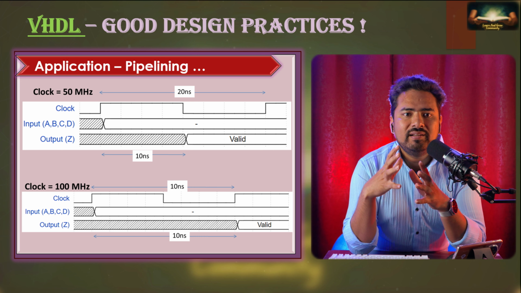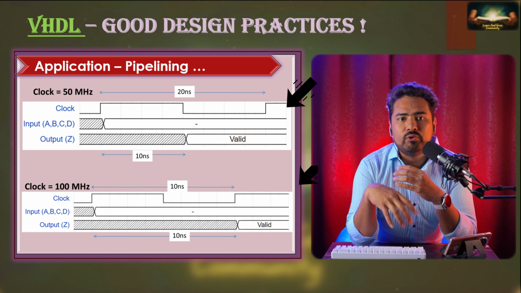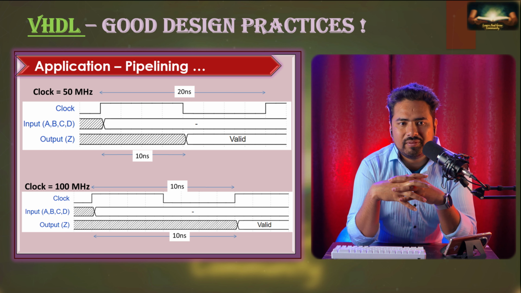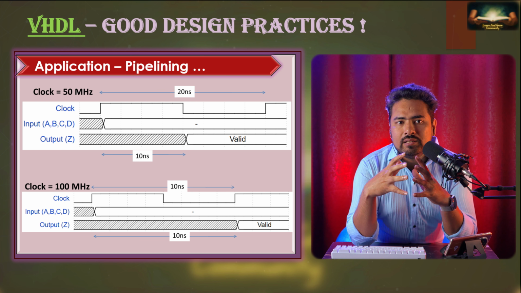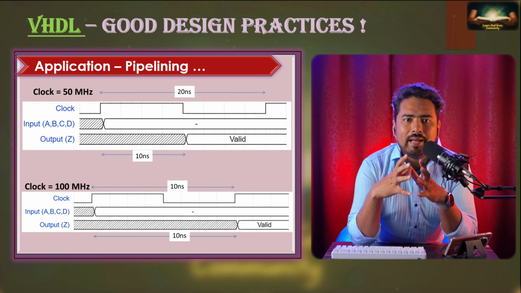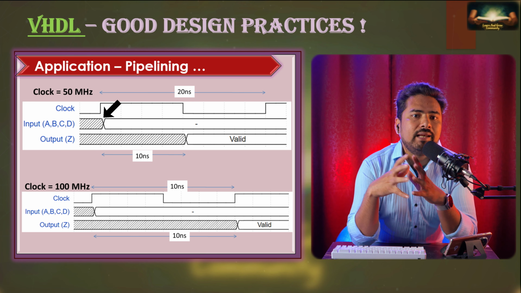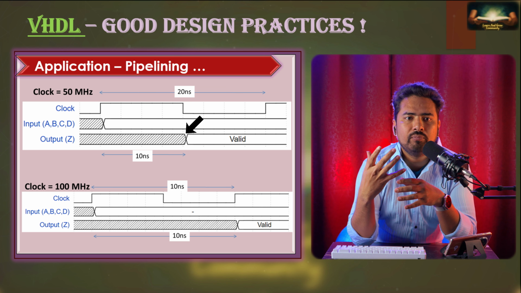But before that, let's understand these two timing diagrams, because if you do not understand this, you will not understand the next slide as well. So first focus on this 50 megahertz signal. Suppose we changed our input at this point. Now because your circuit has 10 nanoseconds delay, your output will change at this point, after 10 nanoseconds.